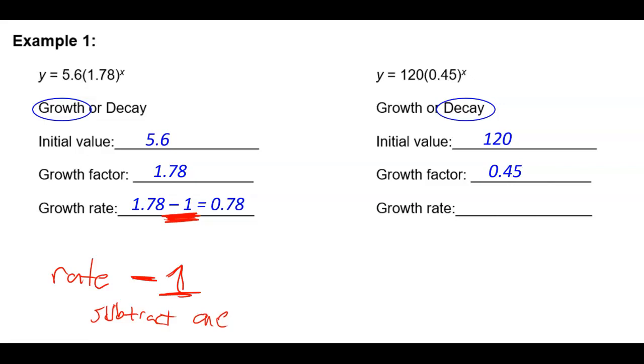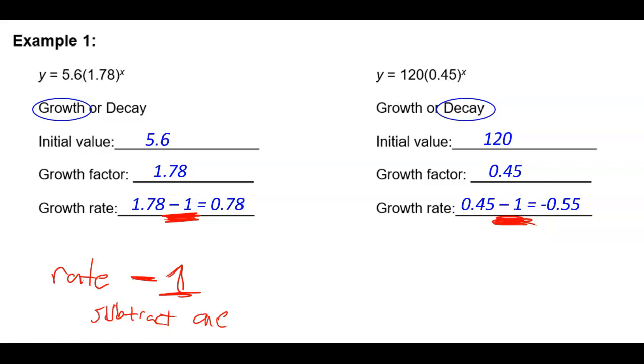Now, next one. What is the rate? So I'm going to take this growth factor and do what again? Subtract 1, right? So once again, I'm underlining this. I'm making a big old thick underline.